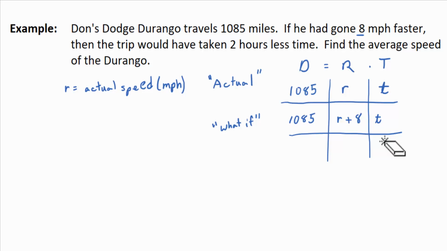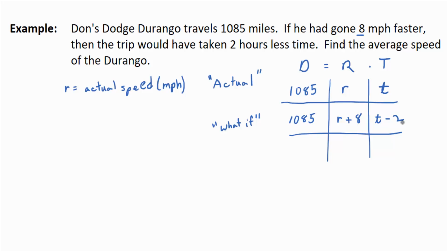What if you wanted to call the what if time T? Then what's the other way to set it up? T plus 2. You see it doesn't matter? But I'll stick with my original way of doing it, just because to me it seems intuitively easier. Everybody's different, and I don't care which way you set it up, as long as it's correct.